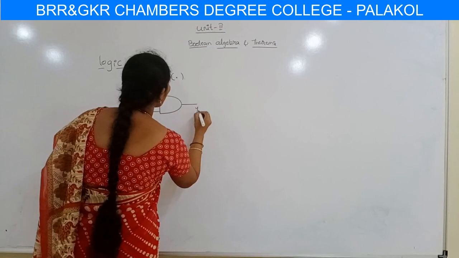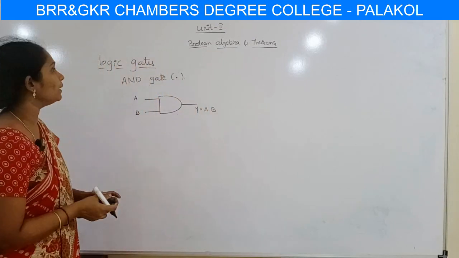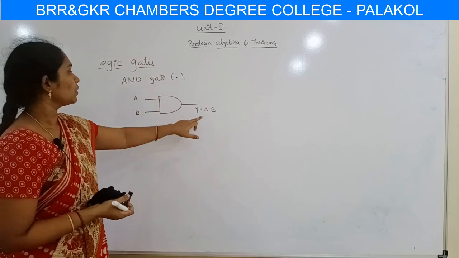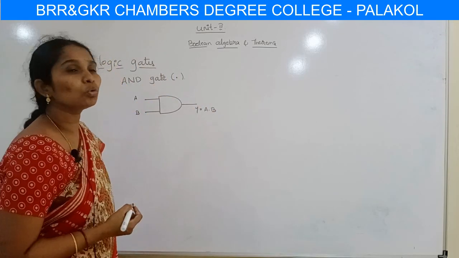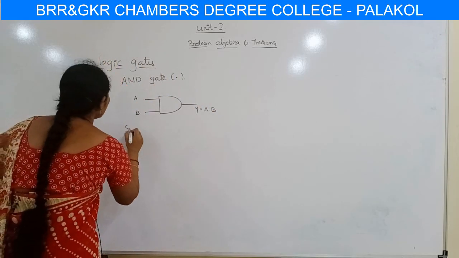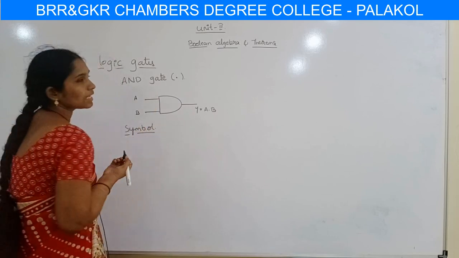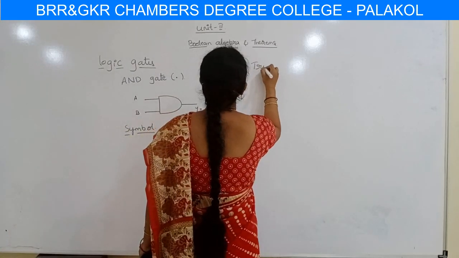The output of this gate is A dot B. Why? Because AND is nothing but a dot operation, so that is A dot B. Now we will draw the truth table. Here this is the symbol, and next we go to the truth table.